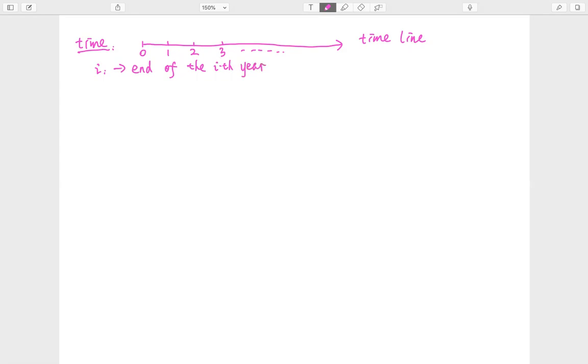So in my timeline, 1 means the end of the first year, 2 means the end of the second year. So when I say there is a payment here, that means I will receive a payment of $1 at the end of year 1, or at the end of the first year.